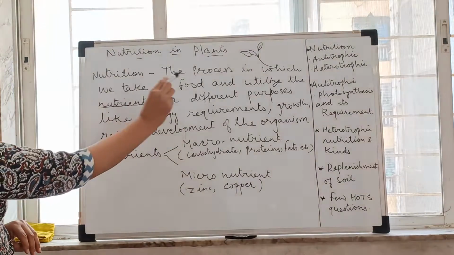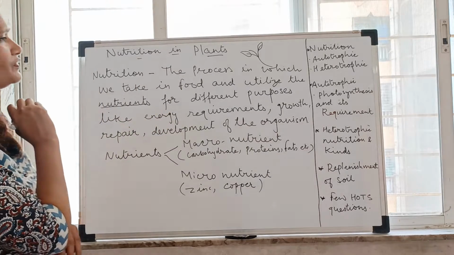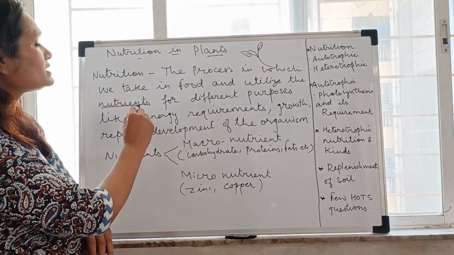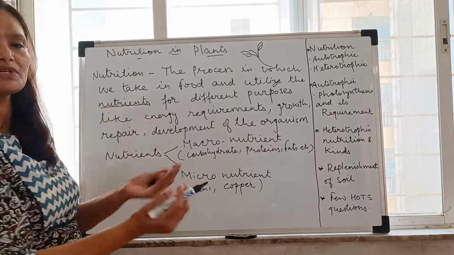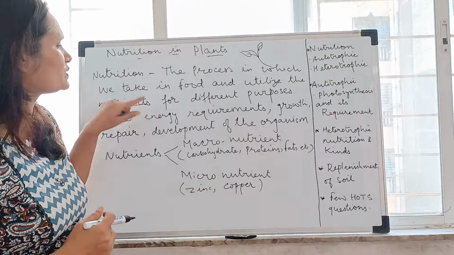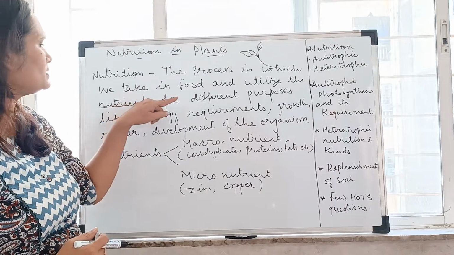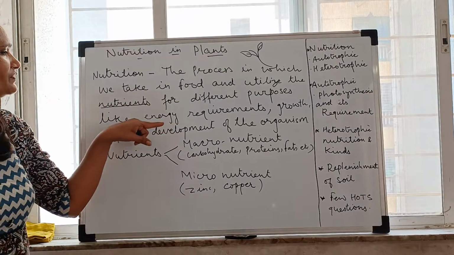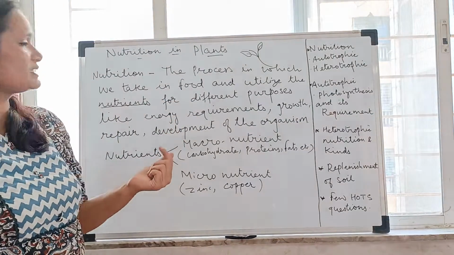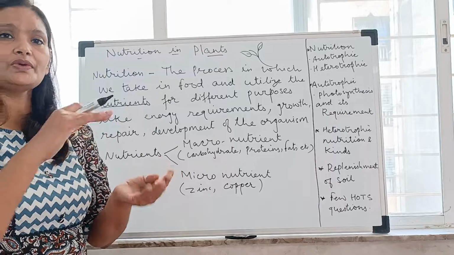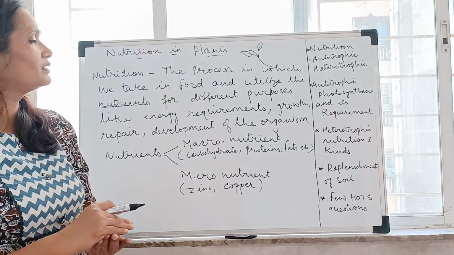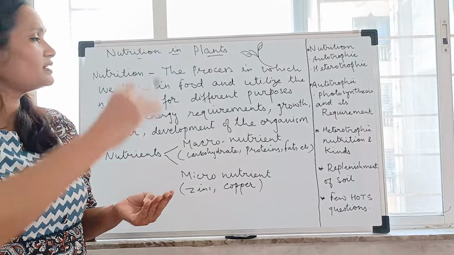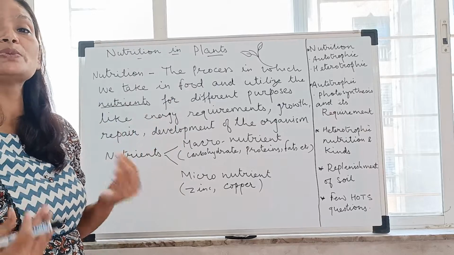So nutrition is the process in which we take in food and utilize the nutrients from it. Whatever food we take in, we derive the nutrients, and we use those nutrients for different purposes, like energy requirements. It can be for growth. An infant grows into a child and then into an adult. It is all because of the food that we intake.